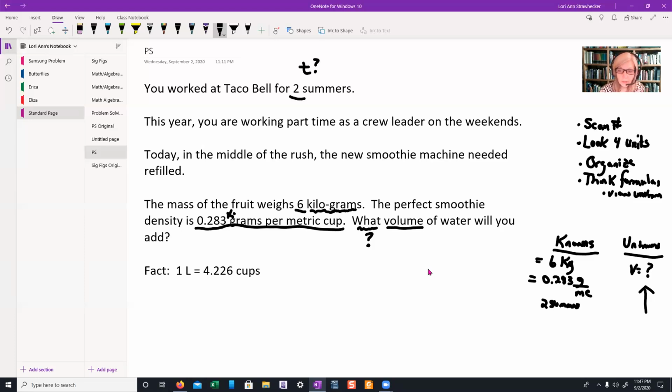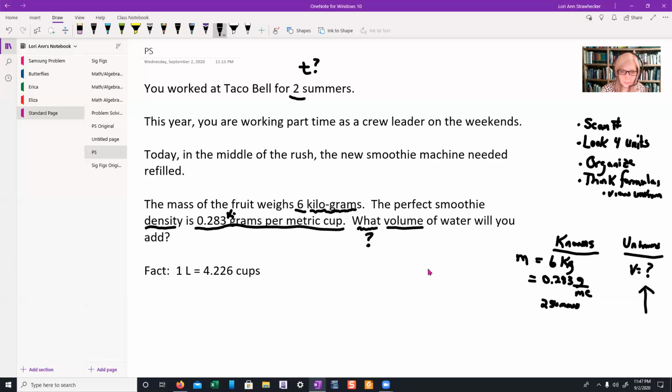So when we're thinking about weight, we're generally talking about mass. Now, when we look at the units on 0.283, it's grams per metric cup. Grams per, what is a metric cup? Well, a metric cup has to do with some type of volume.